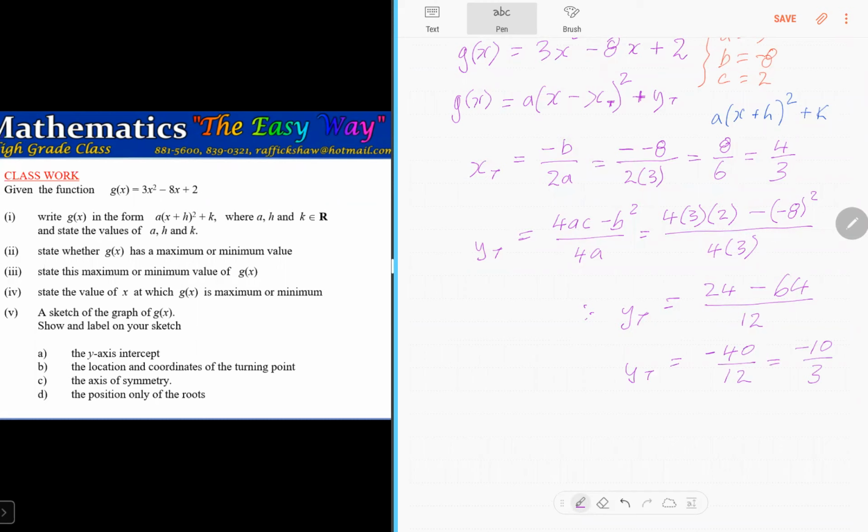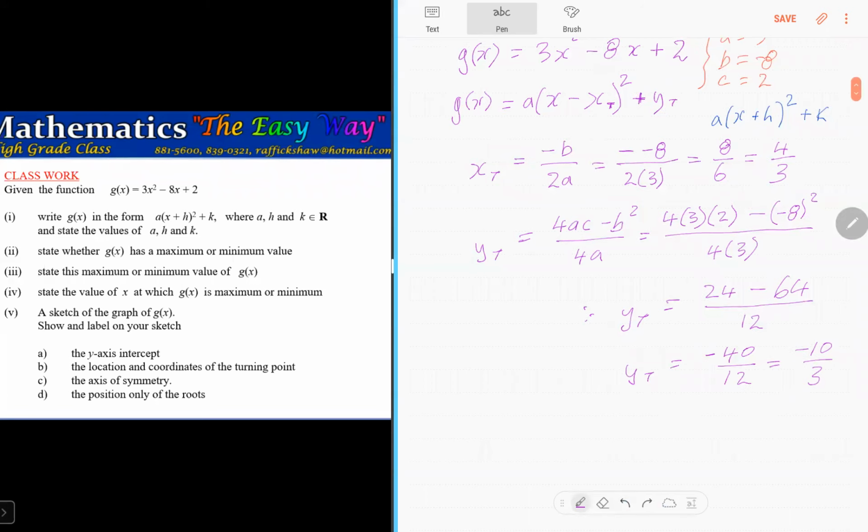So now that we know the xt value and the yt value, the xt value is 4 over 3 and the yt value is negative 10 over 3. Those are the values that we're going to put here and here.